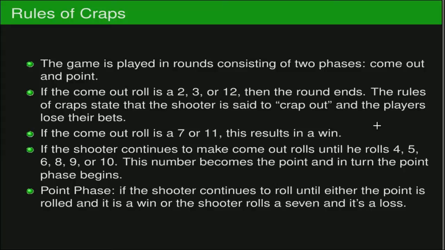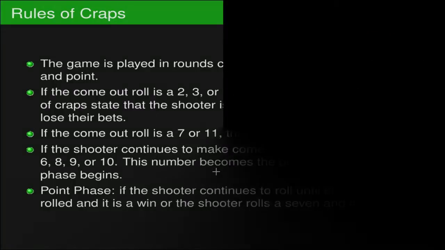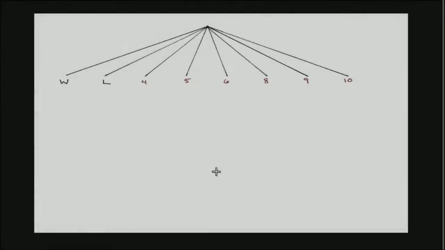Let's see if we can do a mathematical analysis of this game. A wonderful way of analyzing this game is using our tree structure. We're interested in winning or losing this particular game, so how the game is played can be analyzed with a tree. The first level in our tree is going to correspond to the come out roll.